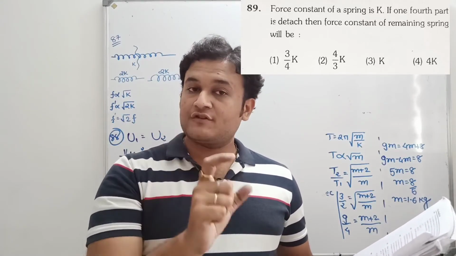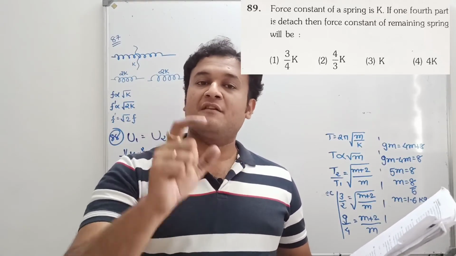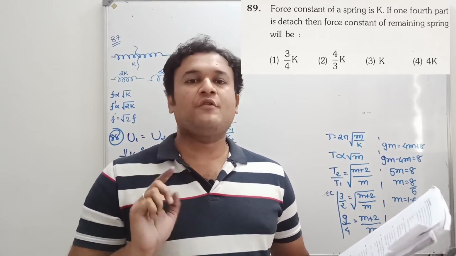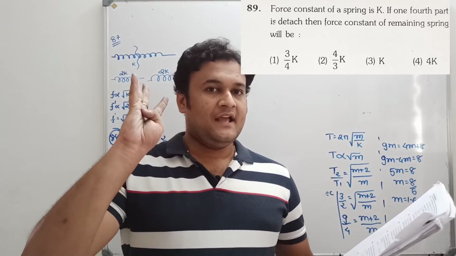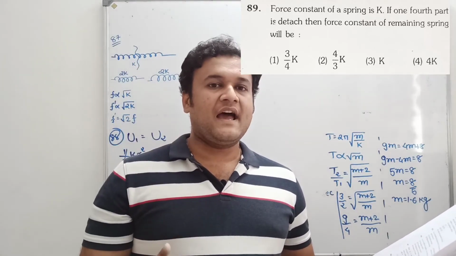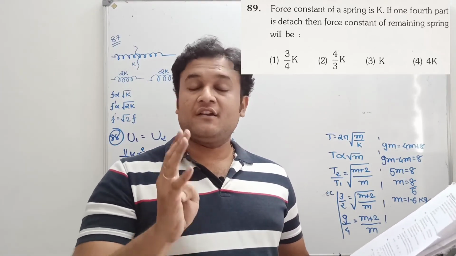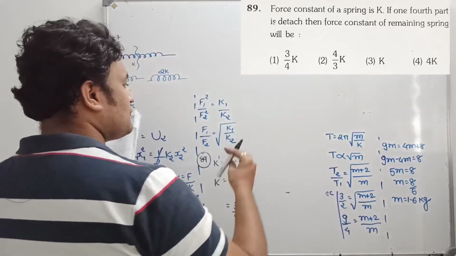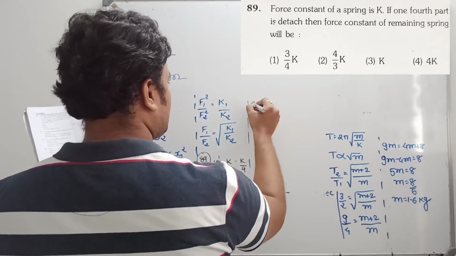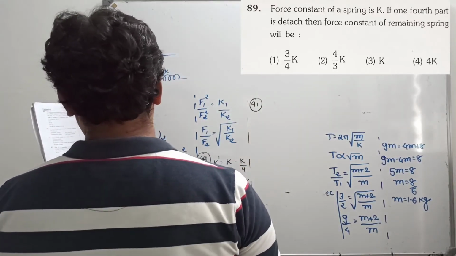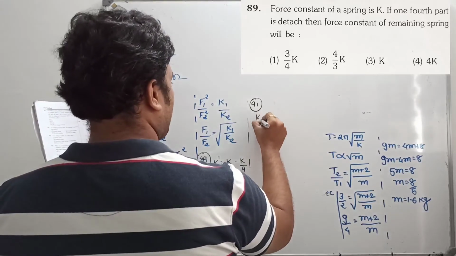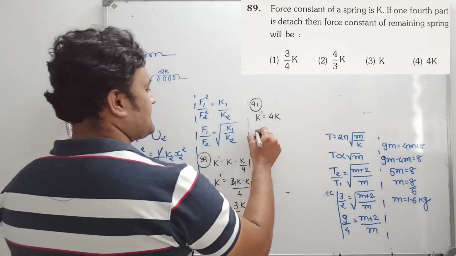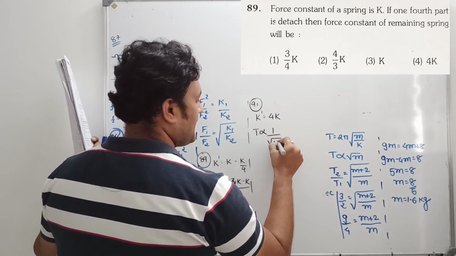Okay, the force constant of each spring becomes 4k, and T proportional to 1 upon under root k. એટલે જો સ્પ્રિંગ કોન્સ્ટન્ટ 4 times થાય તો under root 4 છે, તો T/2 થશે. તો આ તમારે જાતે ગણવાનું છે. હું તમને કન્ડિશન અહીંયા લખી દઉં છું. 4 પાર્ટ્સમાં ડિવાઇડ કરીએ છીએ તો k dash is equal to 4k and T proportional to 1 upon under root k. આટલું કામ કરજો.